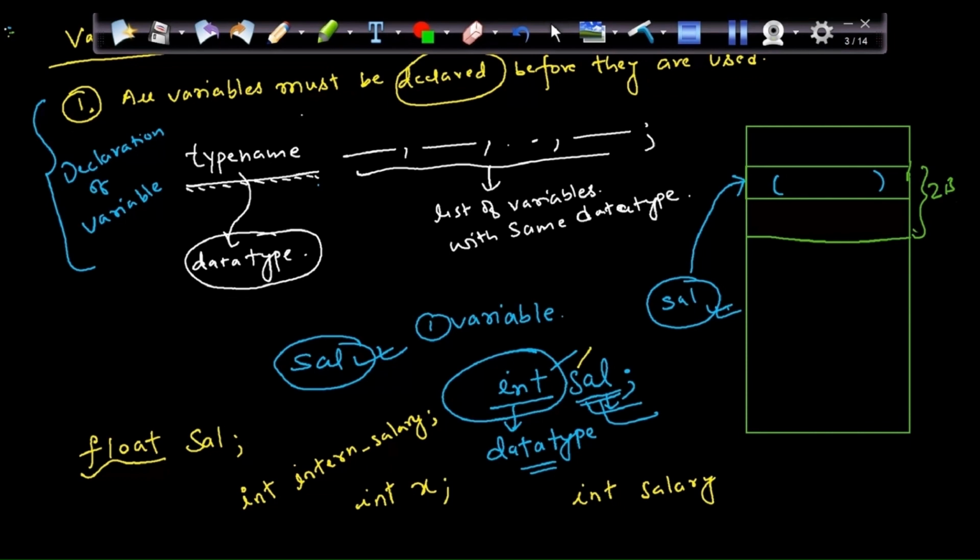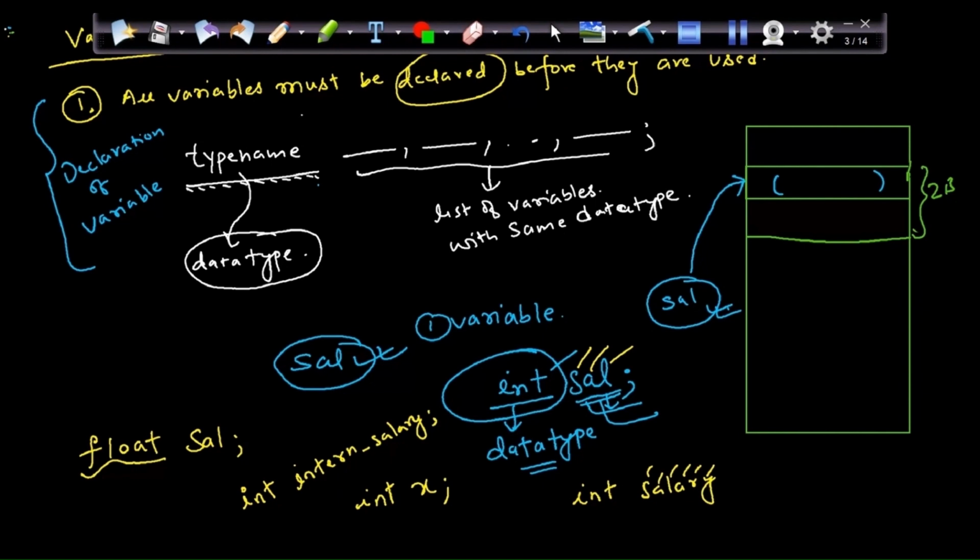This S, this A, this L, these are the characters. SALARY, these are the characters. So in order to make a word in the C programming language, the characters that I am going to use belong to the character set of C. Only using those characters am I supposed to make a word in my program.